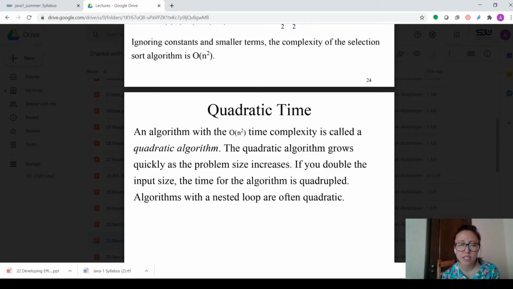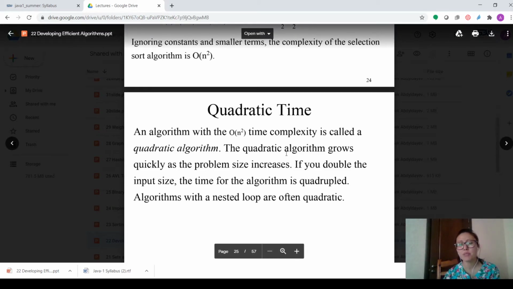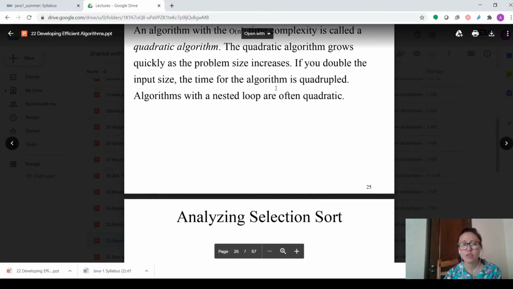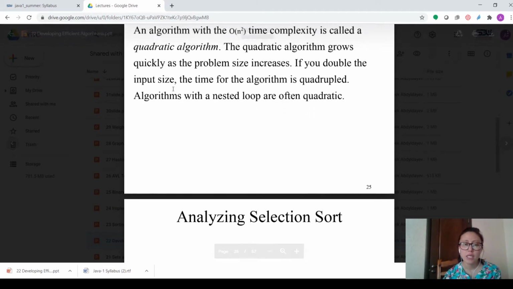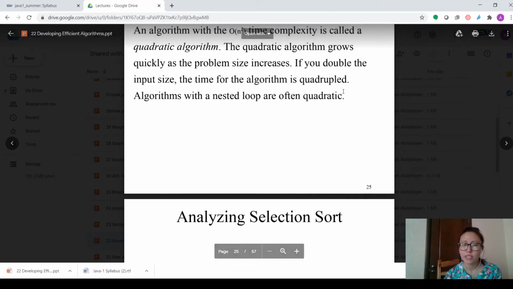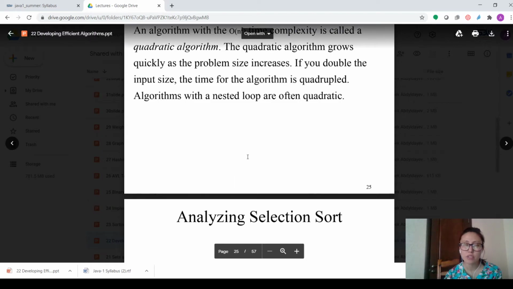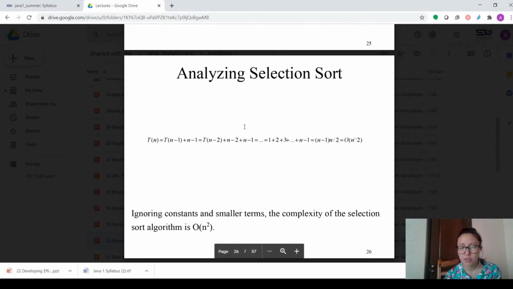The quadratic algorithm grows quickly as the problem size increases. If you double the input size, the time for the algorithm is quadrupled. In general, algorithms with nested loops are quadratic algorithms.